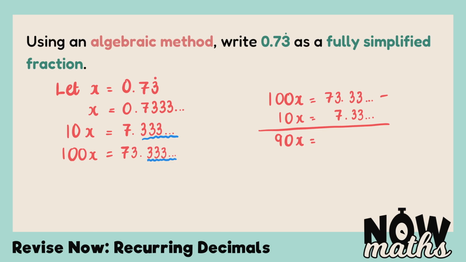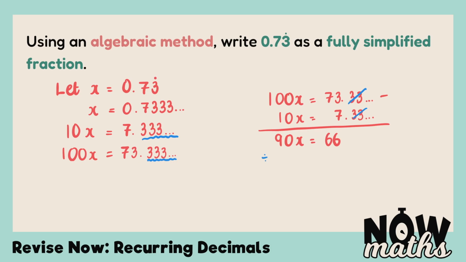Then when we subtract the decimals, we can see that the recurring part will cancel. And we are left with 73 subtract 7, which is 66. We're now left with the equation 90x equals 66.